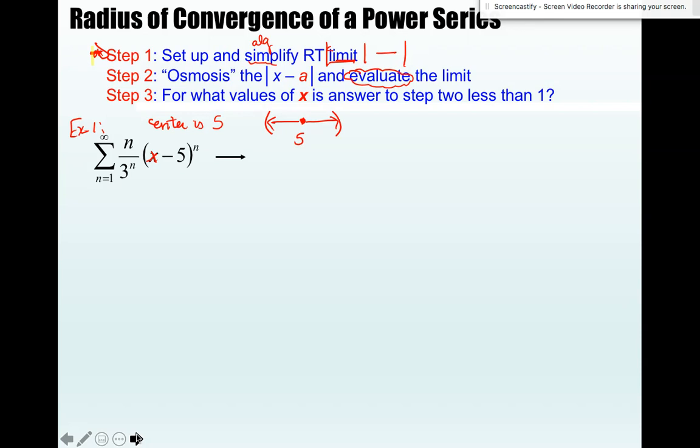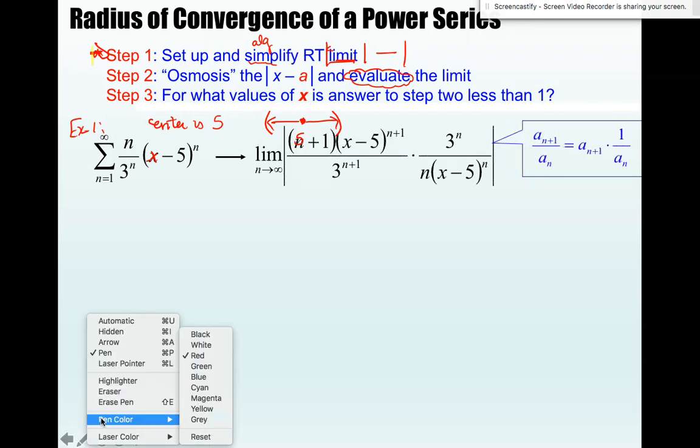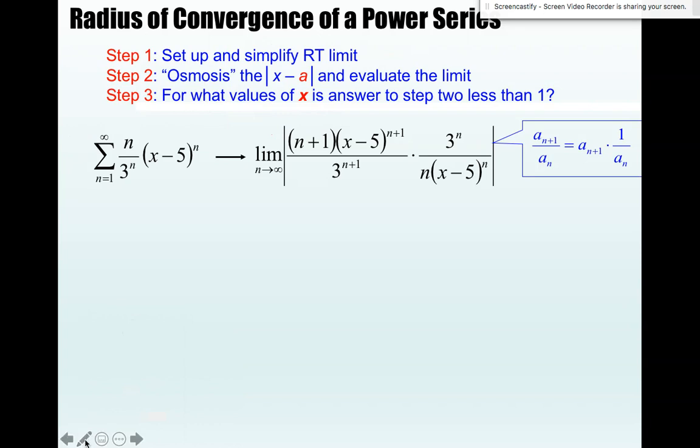So the first thing I do is set up the limit. There is going to be a rubric point for that notation, the absolute value notation, and the fact that you have replaced every n with n plus 1, and then multiplied by the reciprocal where you leave just the n's in place.